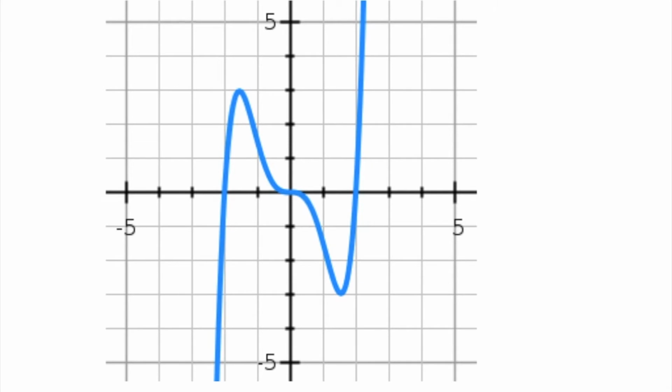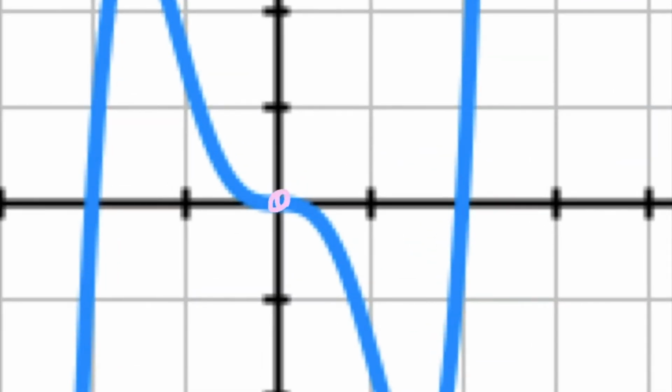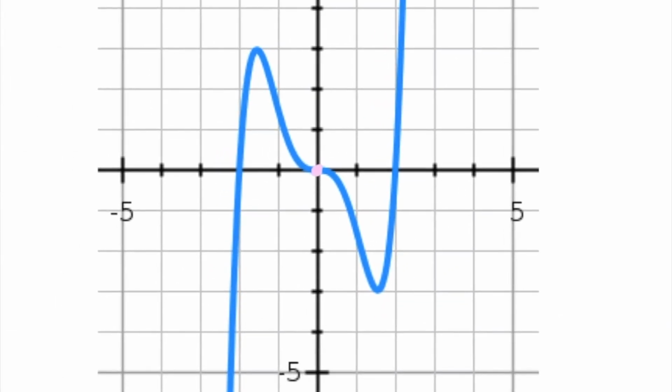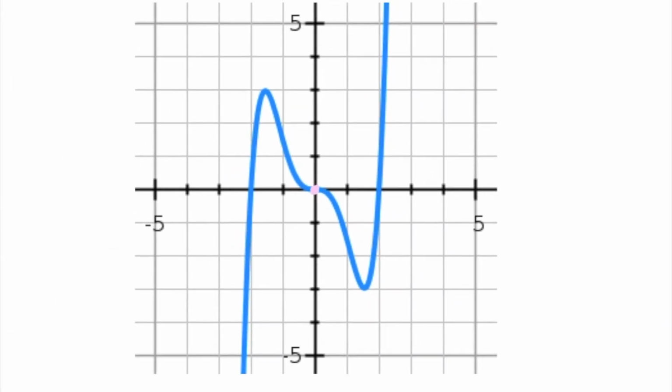For the odd functions, what you want to do is look at the very middle of the graph at the origin. And if I look at the origin, even if I were you and not sure about this, I would literally take my pencil and put the tip of the pencil on your piece of paper right there on the origin and spin the paper 180 degrees.